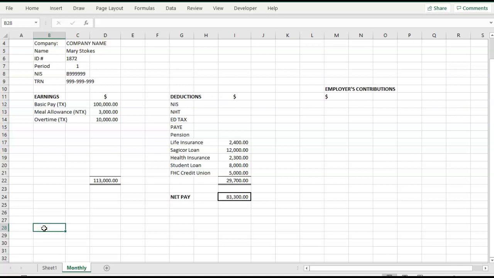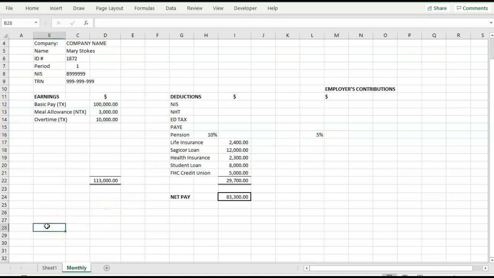You can up that figure to 10%, and your employer will match it in most cases, not at the 10%, but will match it at the 5%. Now, it is good to have a pension deduction going because it will allow you to pay less education tax and less PAYE. When we're doing our formula, you'll see what I mean. So I am putting the pension arrangement at the maximum for the employee, and for the employer at 5%.